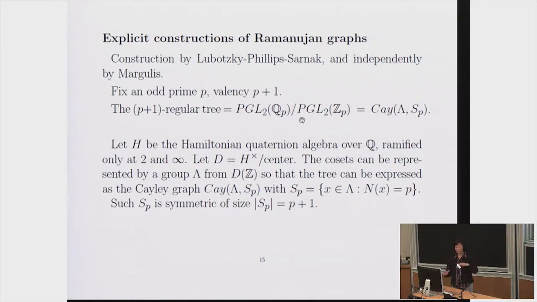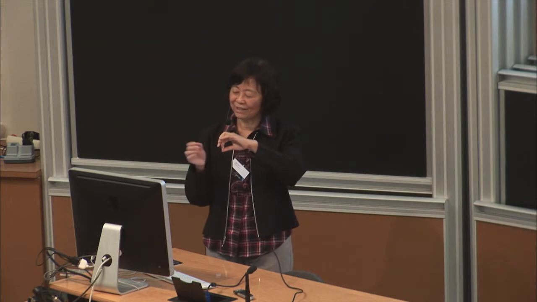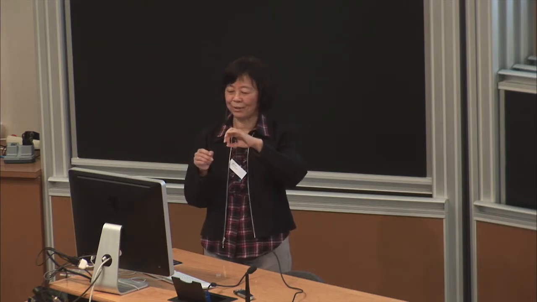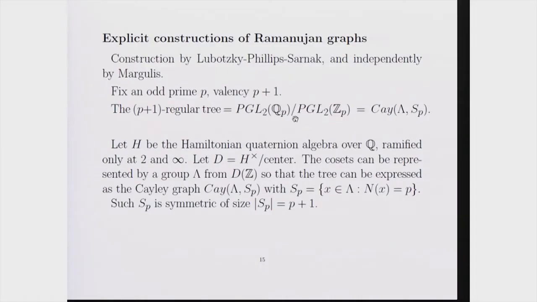So normally, when the vertices are cosets, you cannot represent them using a group. But in this particular case, we can represent the vertices using a group lambda.